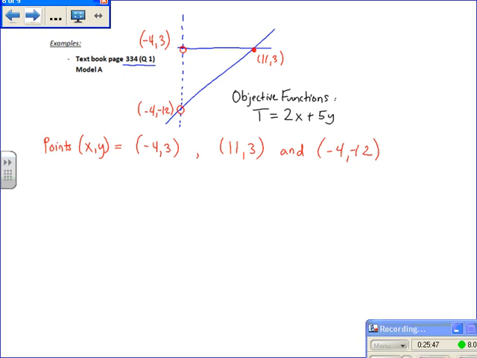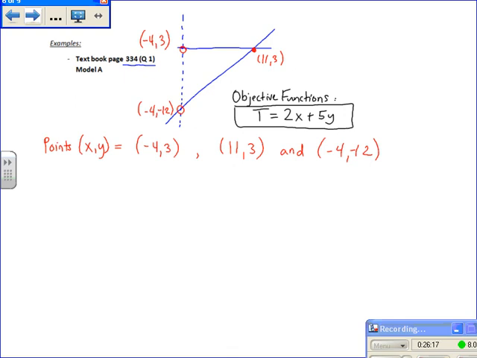We're not really sure what T stands for. We're just given variables, without any context to this problem, but we could imagine T stands for something like cost. What we know is that T is related to x and y by this equation, and we're trying to see which of these 3 points will give us the maximum value of T and which one will give us the minimum value of T.